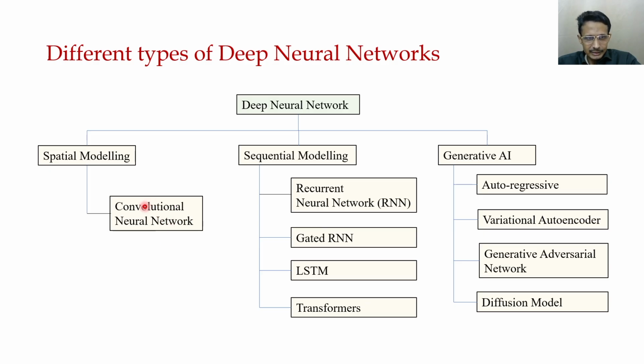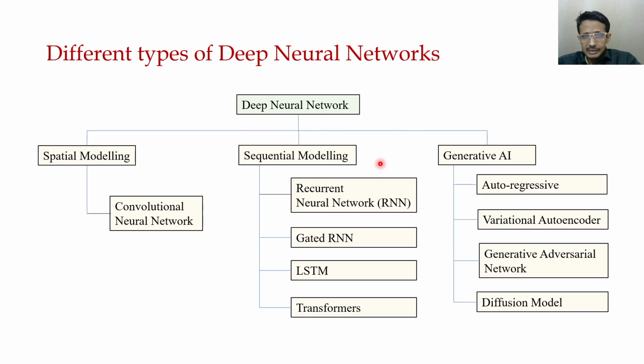First we start with convolutional neural networks. Then we go to sequential modeling: RNN, gated RNN, LSTM, transformer, etc. Then we go to generative AI: autoregressive models, variational autoencoder, GAN, the generative adversarial network, diffusion models, etc. So these are the main important deep learning networks.